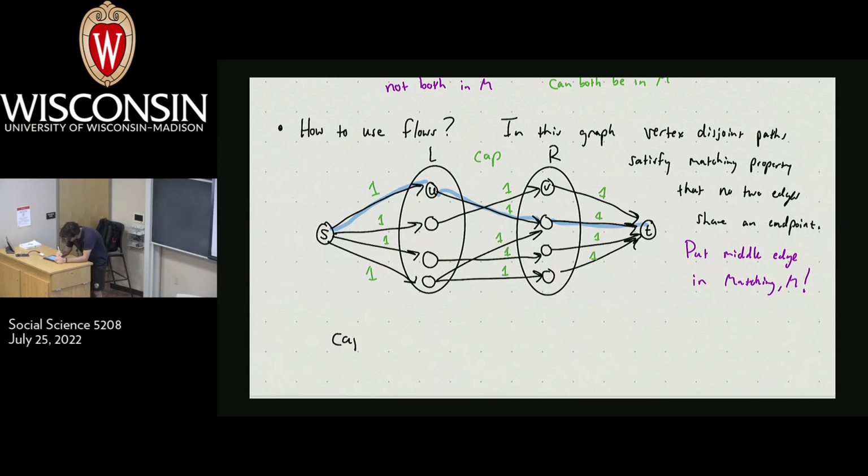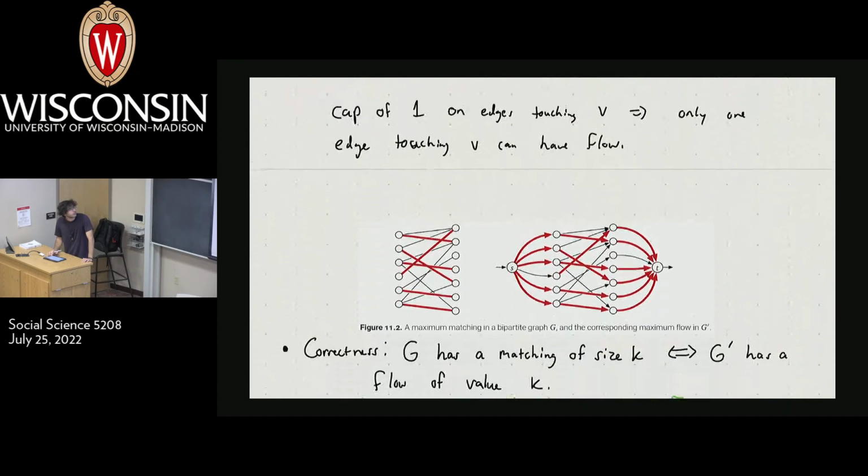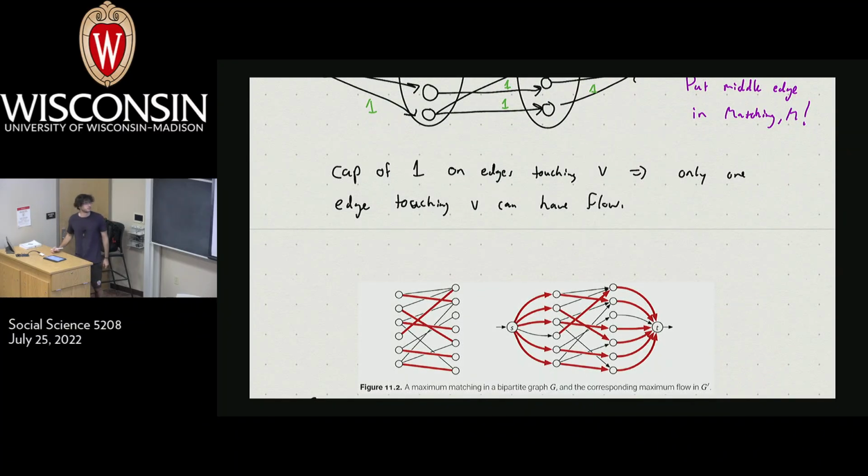So a capacity of 1 on the edges touching V implies only one edge touching V can have flow. And that's basically a matching. So overall, this is the construction we're going to do. And you can see every matching, all of these disjoint red edges, can be immediately converted into an equivalent path in this graph.